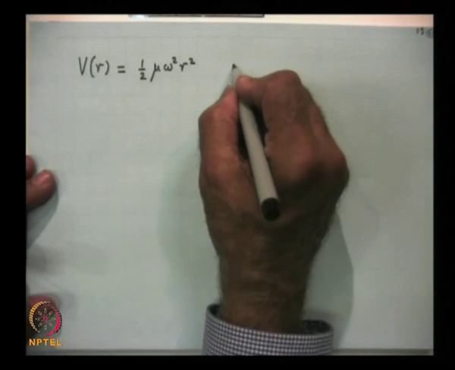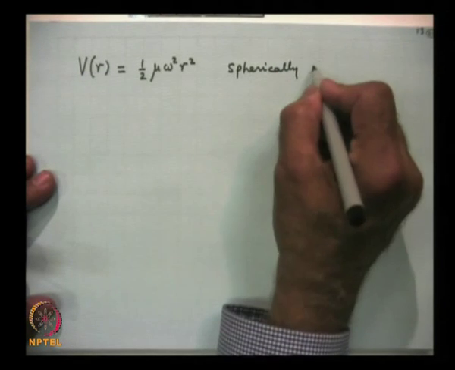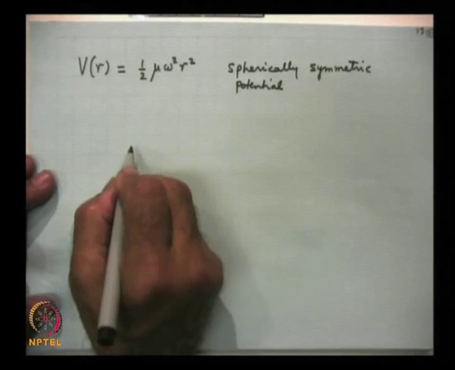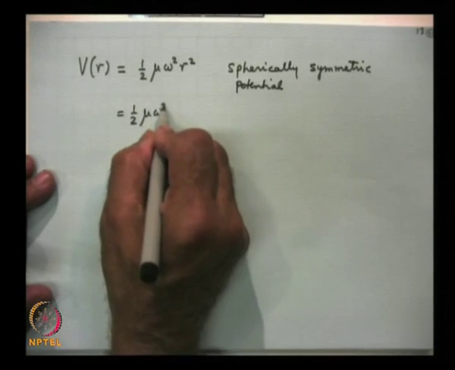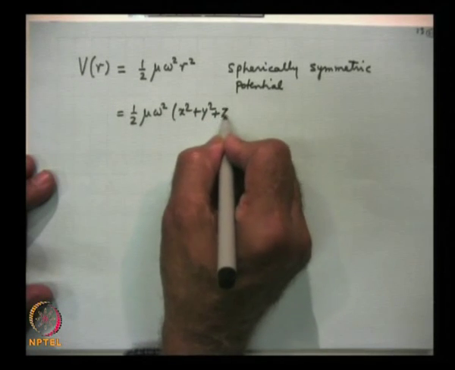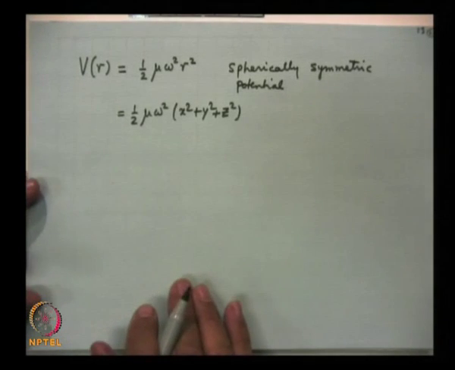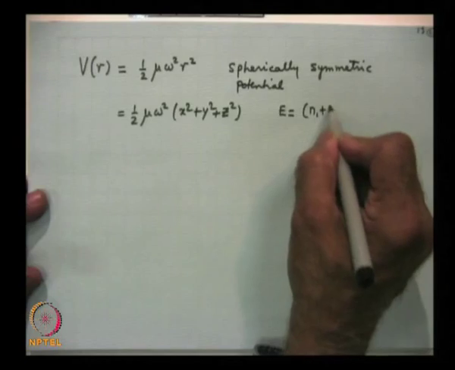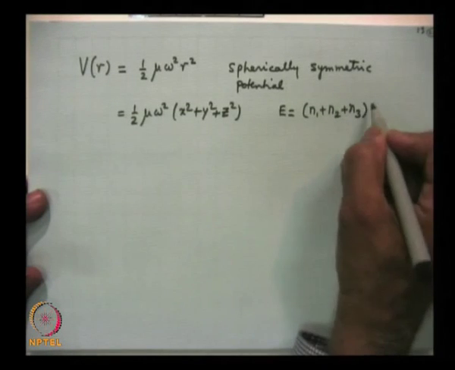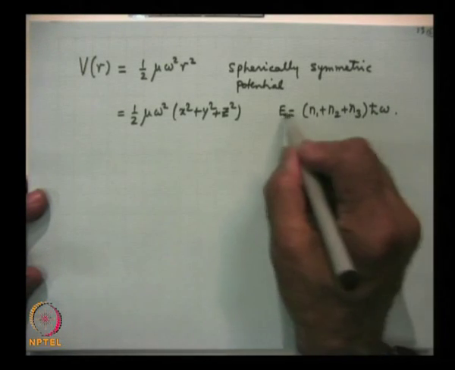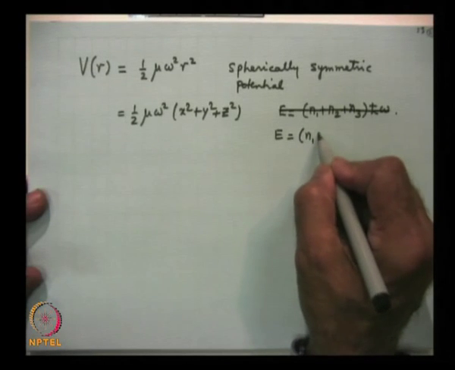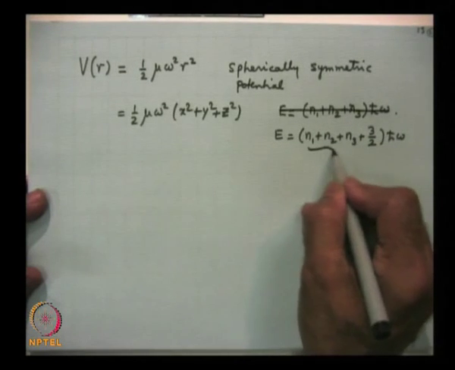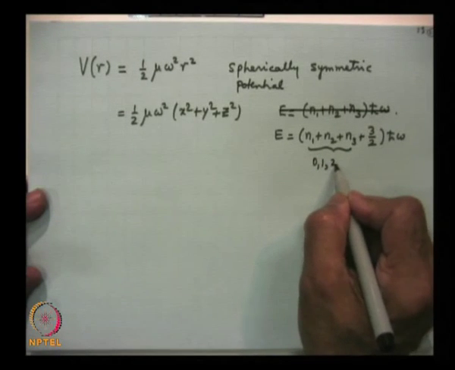I wrote this as half mu omega square x square plus y square plus z square, and solved the Schrodinger equation in Cartesian coordinates and obtained the eigenvalues as E is equal to n 1 plus n 2 plus n 3 plus 3 by 2 h cross omega, where each of these integers n 1, n 2, n 3 can take values 0, 1, 2, 3, etc.